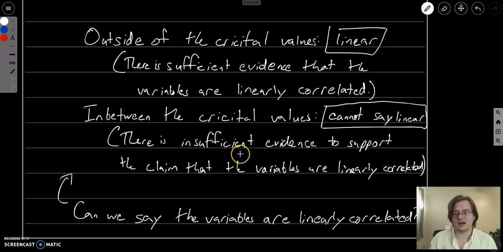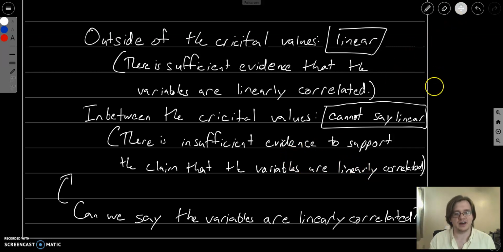And again, one way to say this is there is insufficient evidence to support the claim that the variables are linearly correlated. When we're doing statistics, we have to be explicit here. When we're between those two values, we're not going to say not linear. We're going to say we don't know. There's not enough evidence to say that they are linearly correlated.